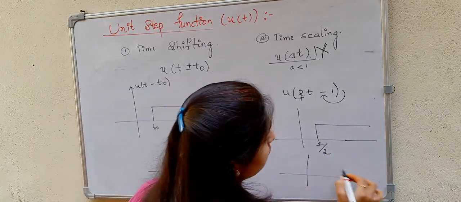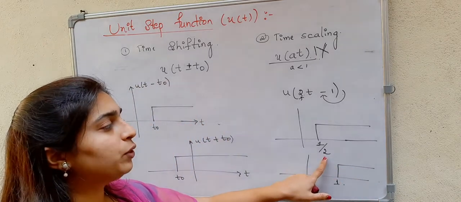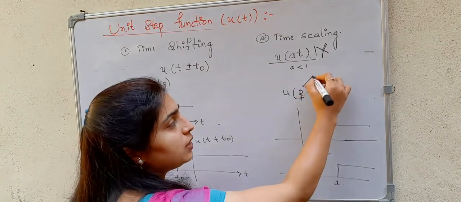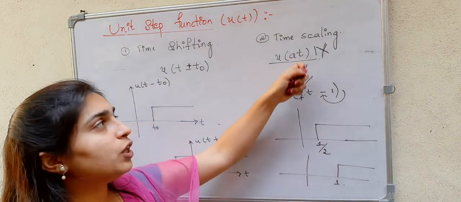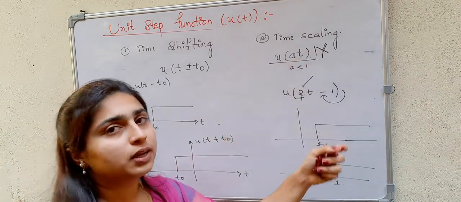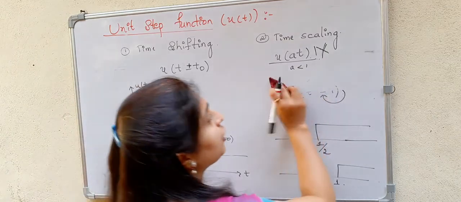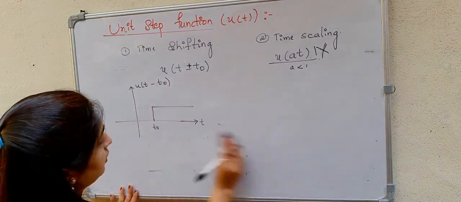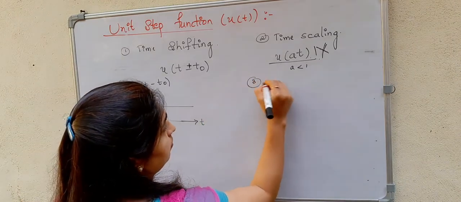So first we had it from 1, but now it is from 1 by 2. That means here it is affecting. So we can perform the scaling on the shifted version. Without shifting, if you perform the time scaling, it is not going to affect your signal. You are going to get u of t. Then comes time reversal.